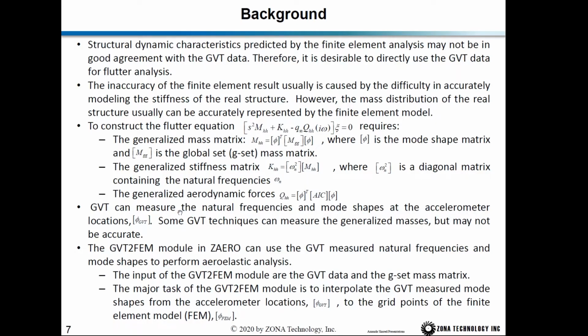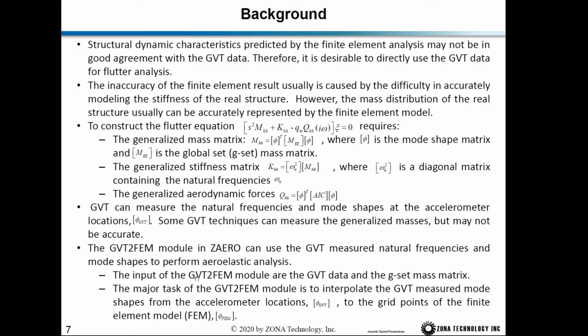So GVT can measure the natural frequencies and the mode shapes at the accelerometer locations. We call it phi sub GVT. Some GVT techniques can measure the generalized mass, but may not be accurate. So the GVT to FEM module in ZAERO can use the GVT measured natural frequencies and the mode shapes to perform aeroelastic analysis.